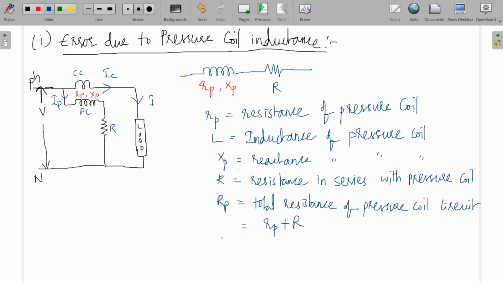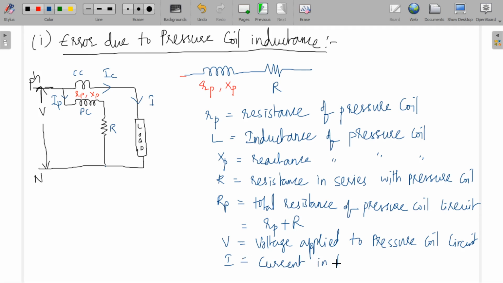Then V is the voltage applied to pressure coil circuit. I is the current flowing through the load, or the current in the current coil circuit.